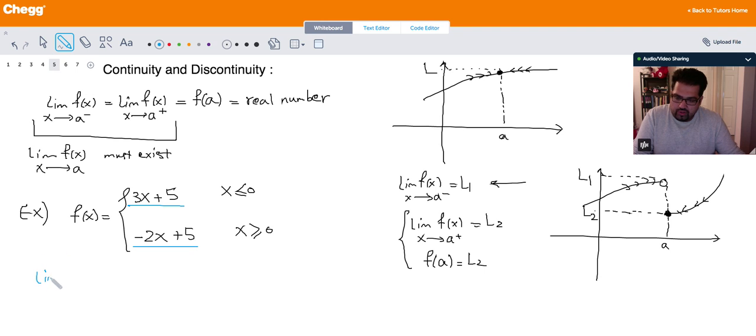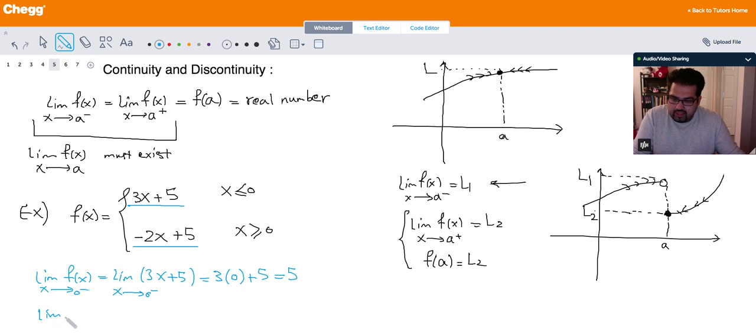So in order to do that, I'm going to take the limit of f of x as x approaches 0 from the left side, which is the limit of 3x plus 5 as x approaches 0 from the left. That's 3 times 0 plus 5, that's going to be 5.